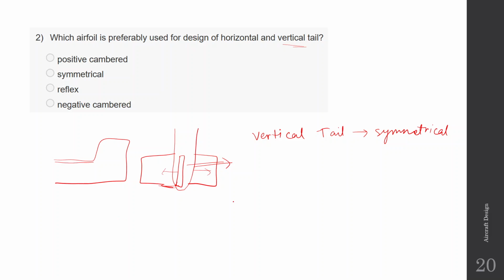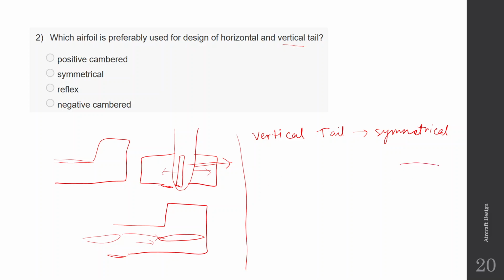So as for the horizontal tail, if we have the horizontal tail here, what happens is that because of the downwash of the wing, so we have a wing over here, this horizontal tail effectively has a positive angle of attack.